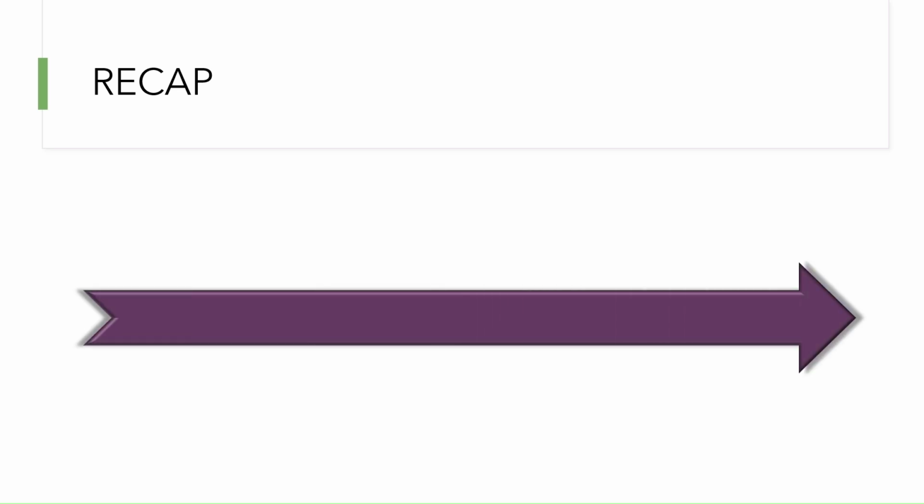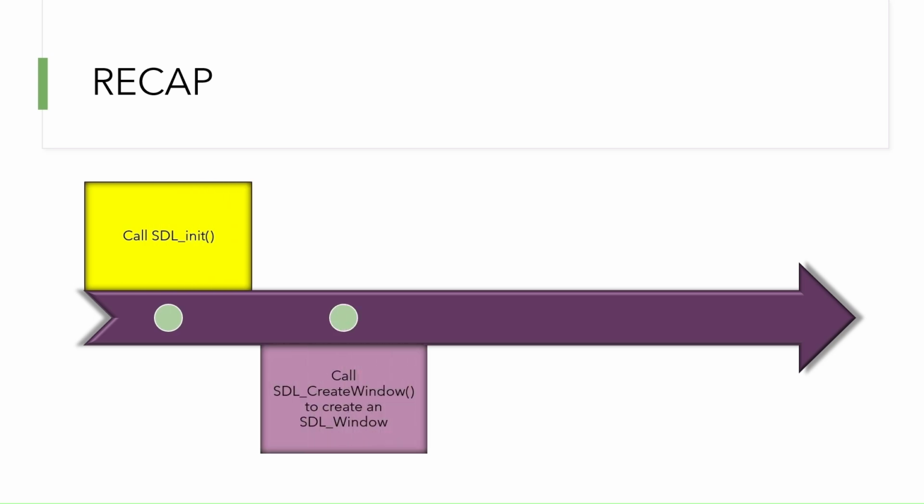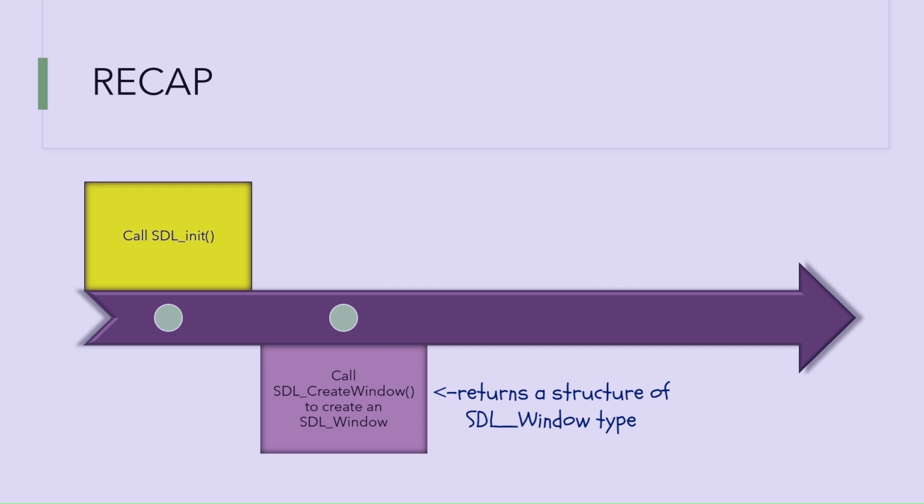Now to recap, and this is a recap of the first two sessions. Remember that the first step is to initialize all our subsystems, and so we call SDL init. We then call SDL create window to create a window within which our game will run. It returns a structure of SDL window type.